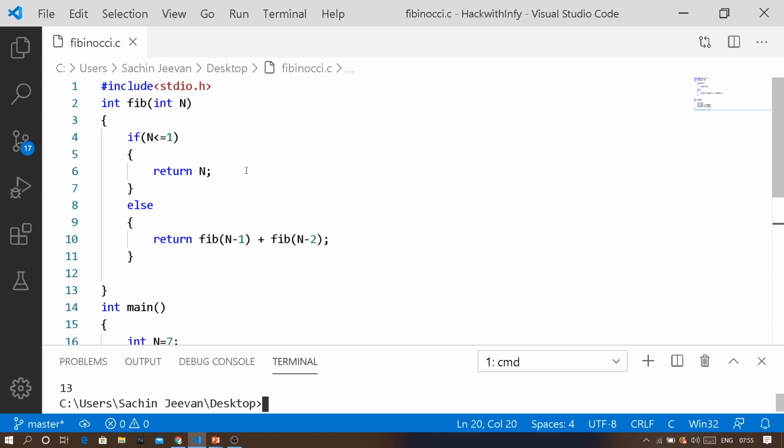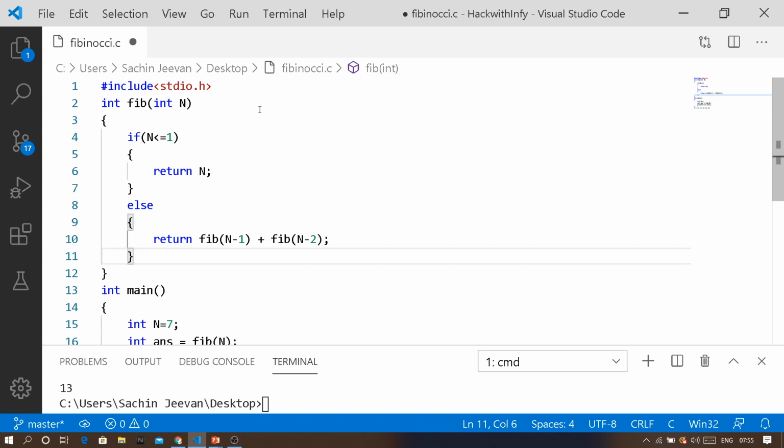First of all, we will write a recurrence relation for this recursive procedure, and then we will find the time taken by this recursive procedure. We can take Fibonacci of n as T of n as usual, and checking this if condition will take 1 unit of time.